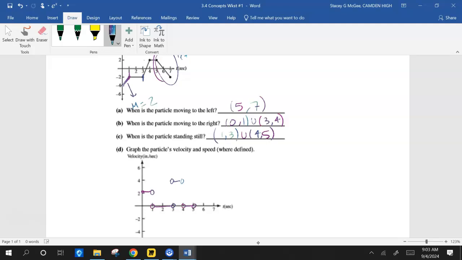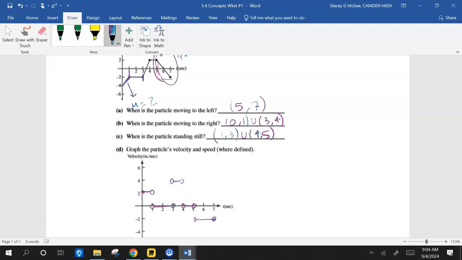And then from 5 to 6, it's negative, what is it? Down 4 and over 2. Negative 2.